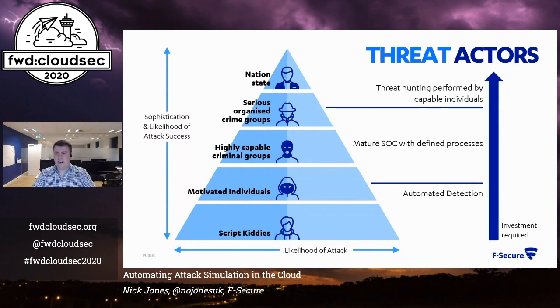The problem is that the investment required to get up to that top end is significant, and most organizations can't afford it, to be blunt. So as an industry, we need to work carefully on how we can bring that barrier down, how we can lower those costs in order to make everyone better and secure the cloud as a whole.